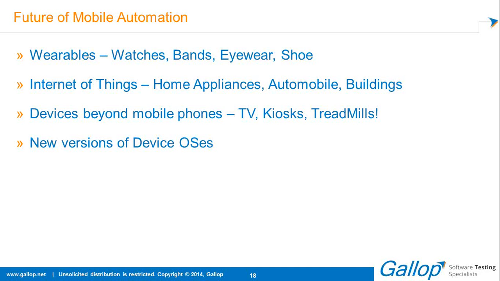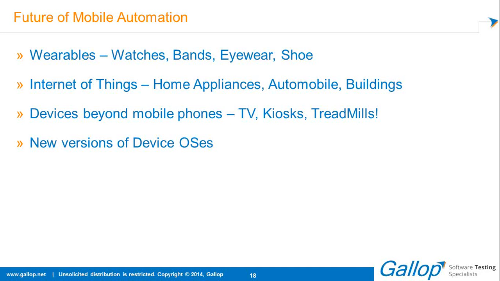And this whole Internet of Things, where your home appliances are using your mobile operating systems, your automobiles are using it, your buildings are using it for security, and then you have different kinds of devices. Your TVs run on an Android operating system, your treadmills run on Android, and maybe the kiosks that are out there run on Android or iOS or whatever.